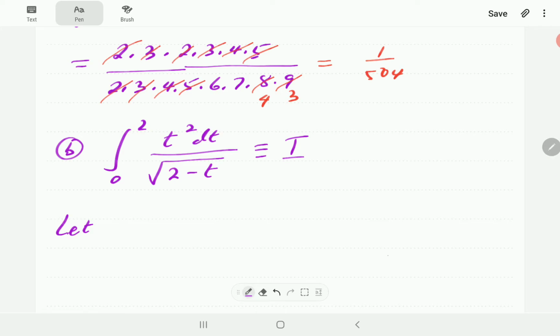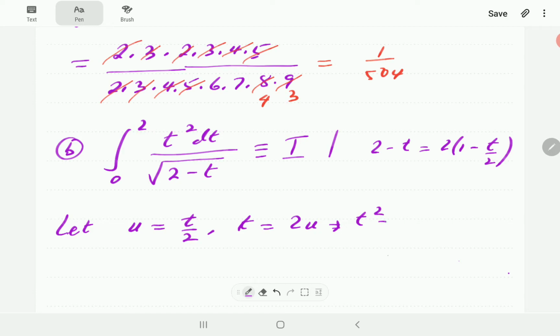So what we can do, of course, is notice that if you factorize the 2 there, then you can write this as 1 minus t over 2. So from that, we're going to let u be equal to t over 2. Alternatively, t is 2u.